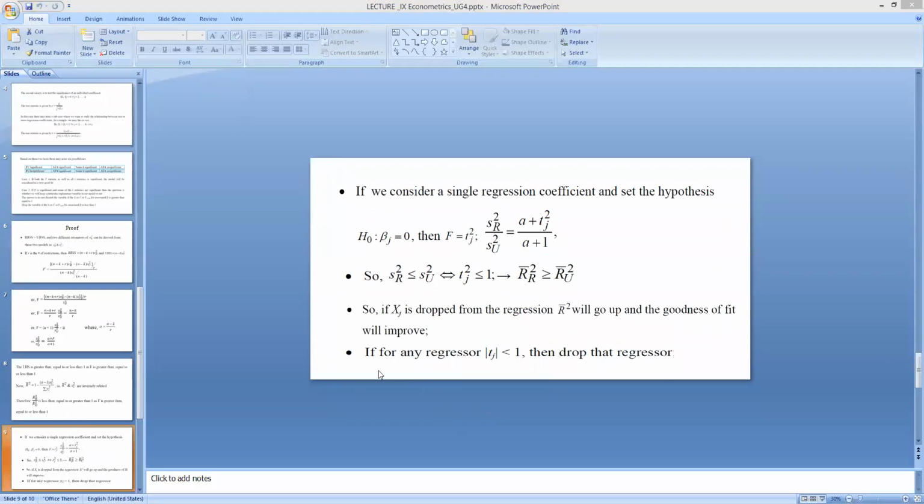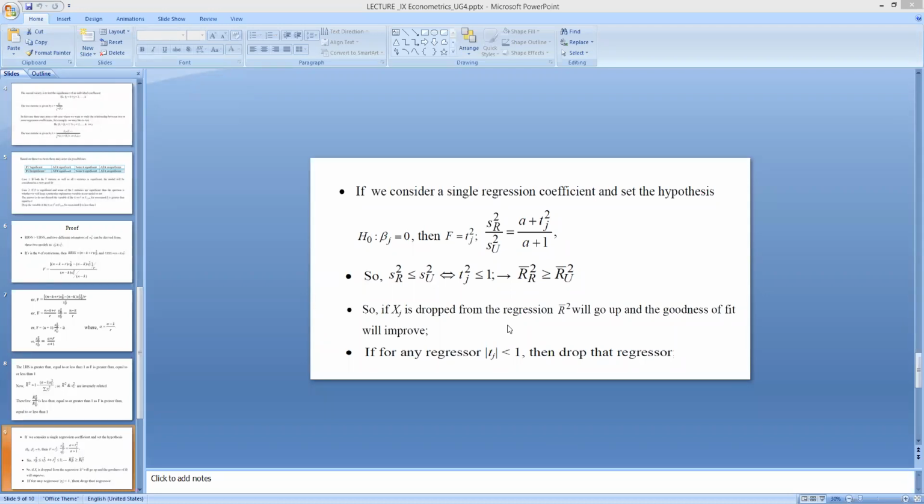Okay, we are coming to the last point. If for any regressor mod t is less than 1, in that case, drop the regressor. Otherwise, you will continue with the explanatory variable. Since here I have written in terms of mod t, I have replaced F by tj square, nothing else. The same proposition we are using, everything is identical. In place of F, you can write t square.